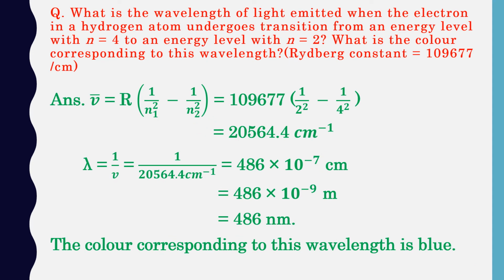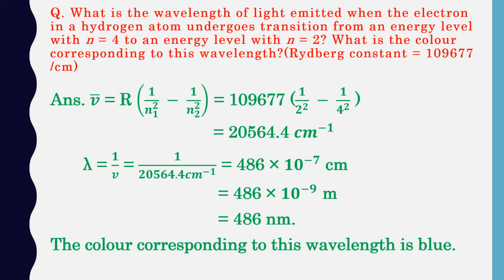The first question is: what is the wavelength of light emitted when the electron in a hydrogen atom undergoes a transition from an energy level with n equals 4 to an energy level with n equals 2? What is the color corresponding to this wavelength? You have been given the Rydberg constant.